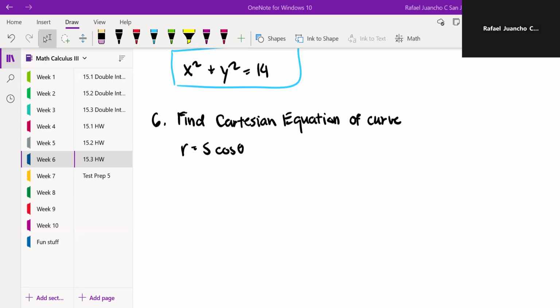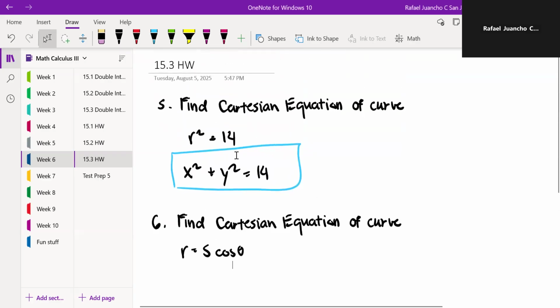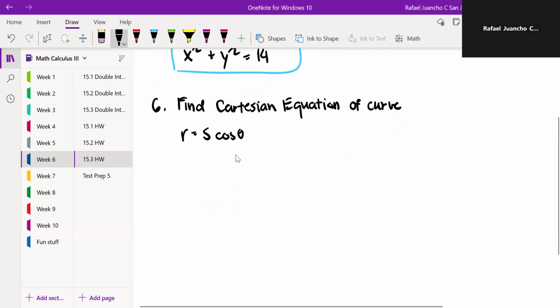Well, the idea is to get maybe to r squared again, right? So why not let's do that, similar to this thing. And then we follow that formula. So we have r squared is equal to 25 cosine squared, right? And then we can plug that one in to my x squared y squared.